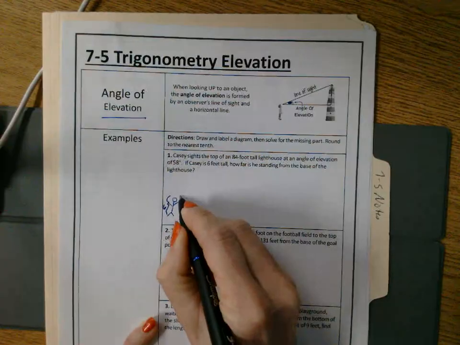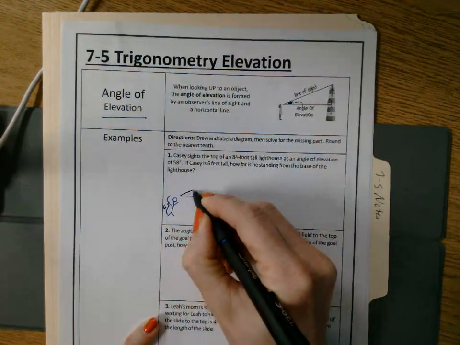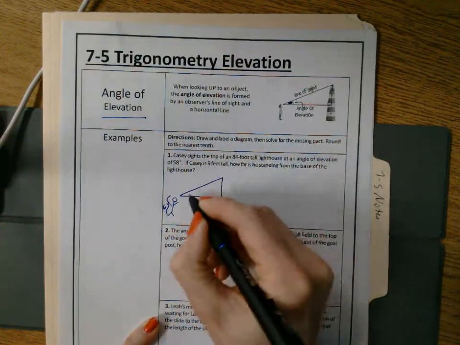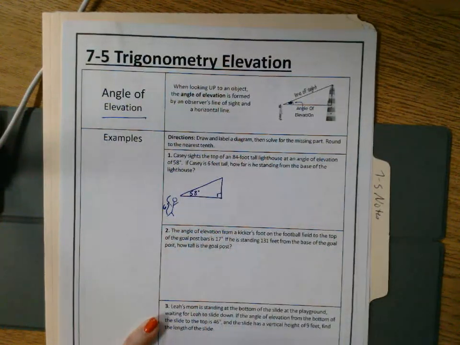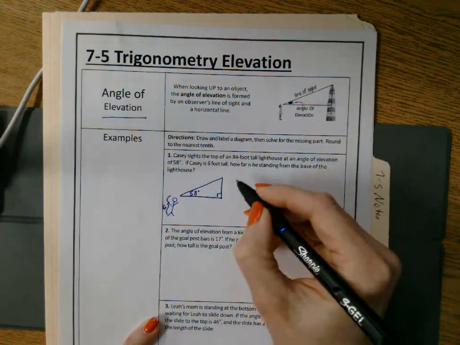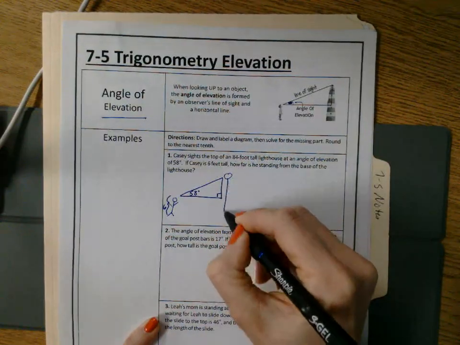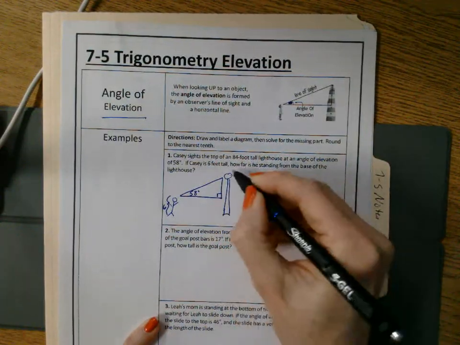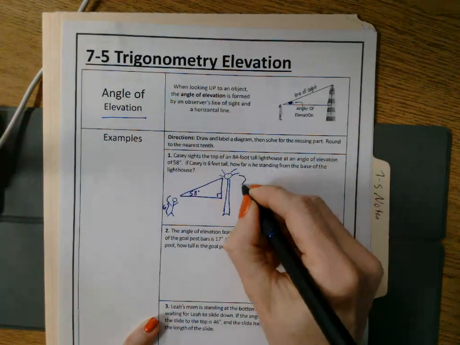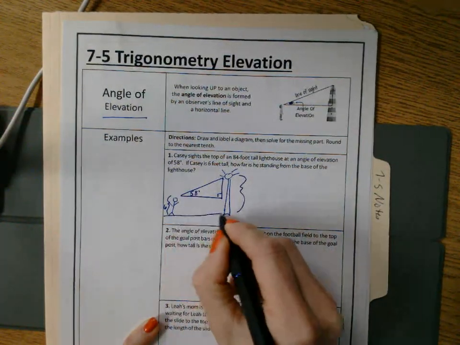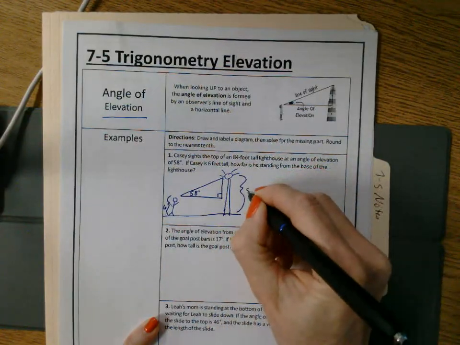His elevation here is going to form this triangle, and it says it's 58 degrees. It's a right triangle. And then we have this lighthouse. There's our lighthouse. And the whole lighthouse from the bottom, or all on the ground here, is 84.